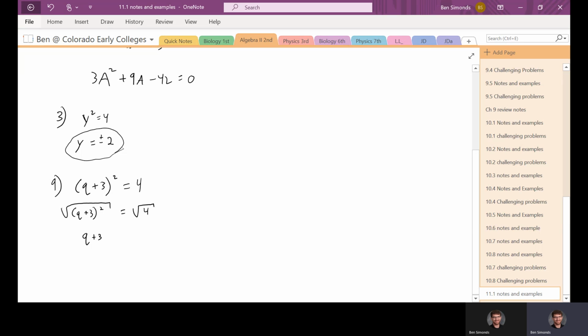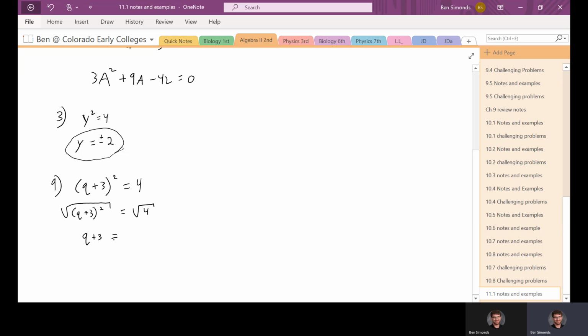The square root undid the square, and notice our parentheses are gone because there's no more squared. There's nothing holding them together. When they were squared, that square was tying this whole group together and not letting us split it up. Once we got rid of that square with the square root, we're just left with regular q plus 3, and there's nothing special about that.